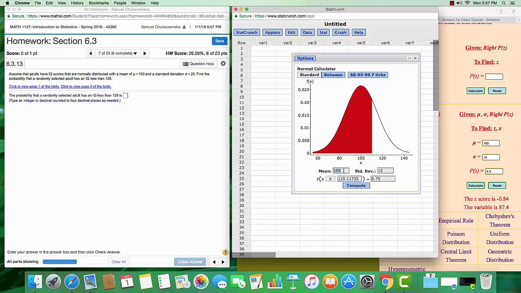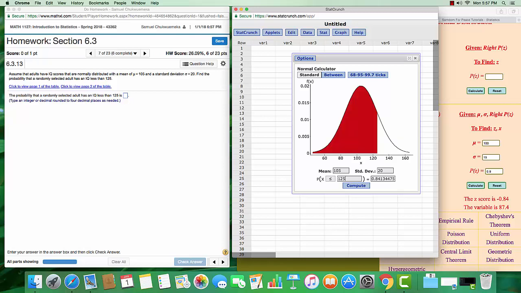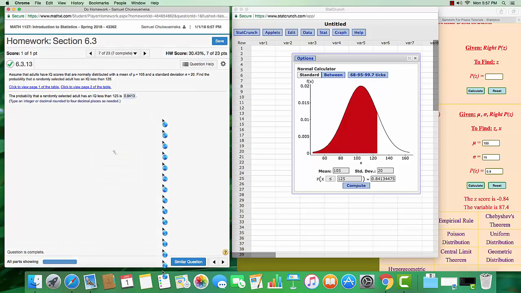So you just put 105 here. The mean is 105. Standard deviation is 20. And they're asking you for IQ less than 125. Enter. To 4 decimal places, that would be 0.8413.